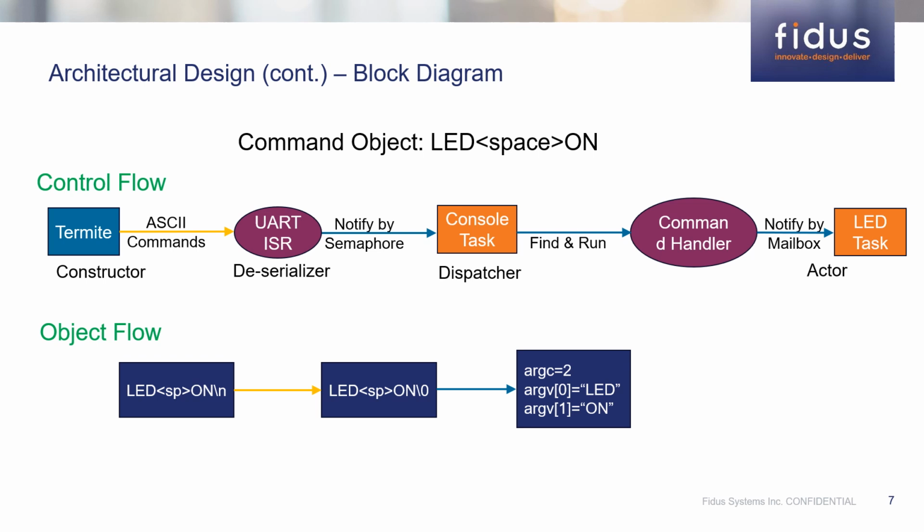It merely changes its representation from LED space ON to standard argc argv format. The console task then finds and calls a handler function, which in turn deposits a message into the mailbox of the LED task. We will come back to this block diagram and it sheds a lot of light on how to do clean and simple designs.